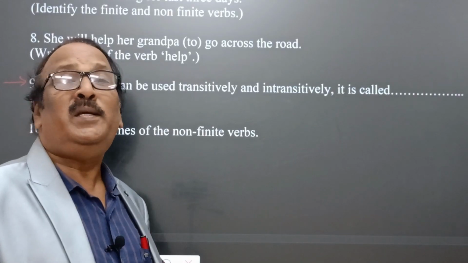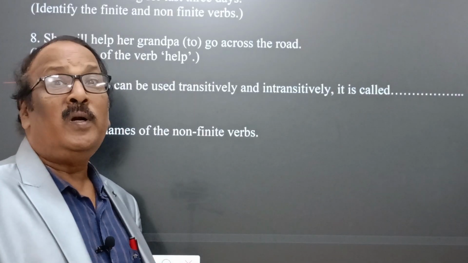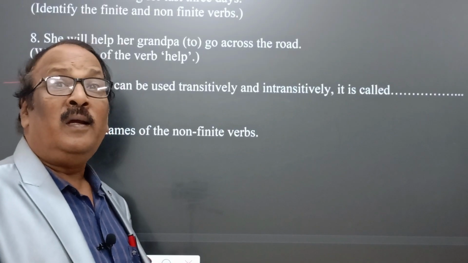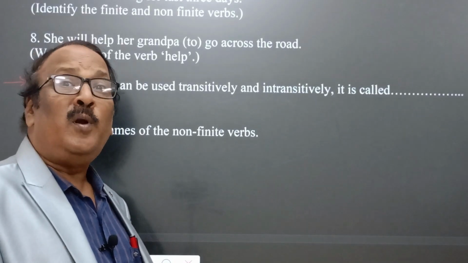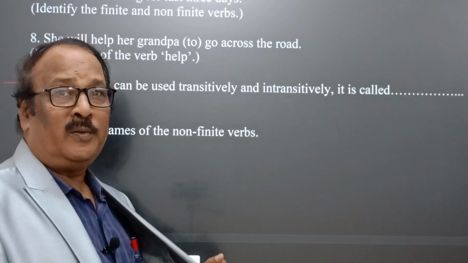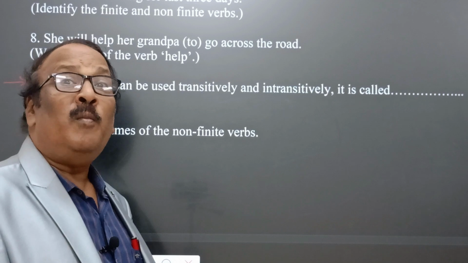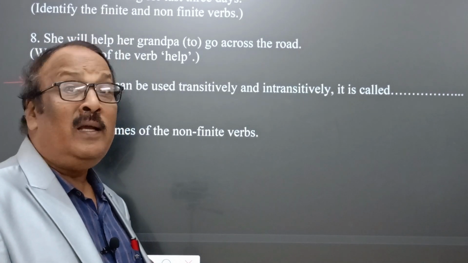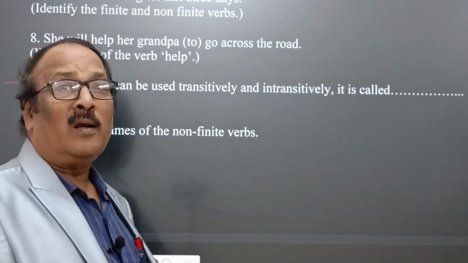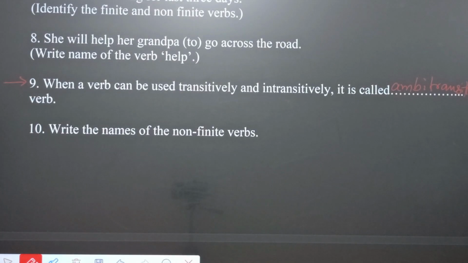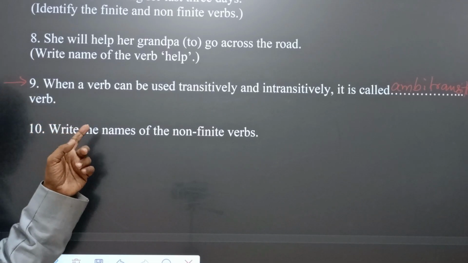Usually, transitive verbs are used transitively by taking objects, but an intransitive verb doesn't take any object. But some verbs are used both transitively and intransitively. These verbs are called ambitransitive verbs. Okay, ambitransitive verb. This is the answer.